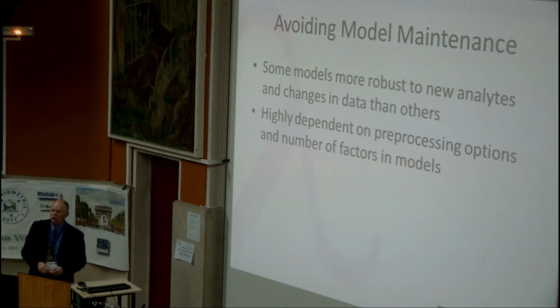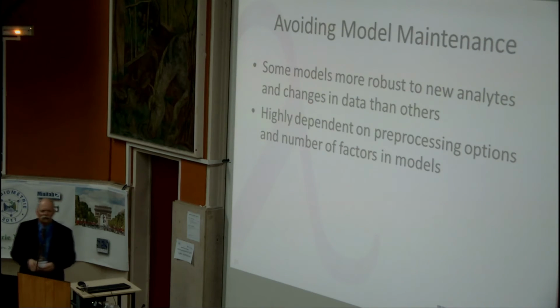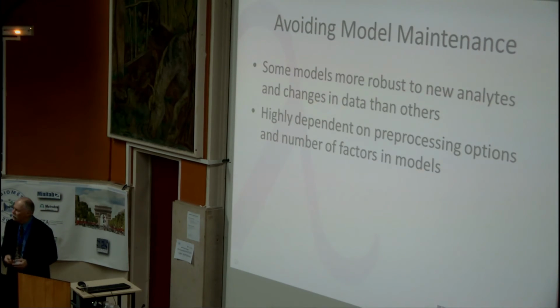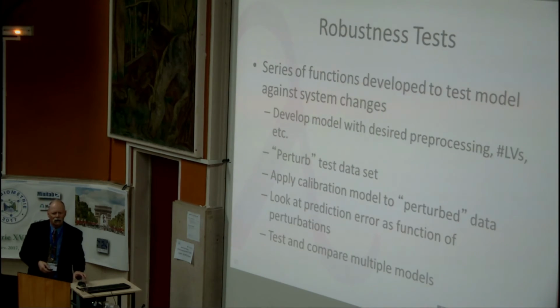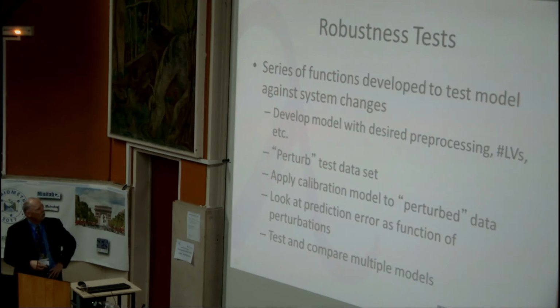Of course, it would be nice to avoid model maintenance altogether. Some models are more robust to new analytes and changes in the data than others. It's highly dependent on pre-processing options and the number of factors in the models. We've developed a series of robustness tests in PLS Toolbox that test the model against various changes in the data, such as changes to wavelength axis shift.